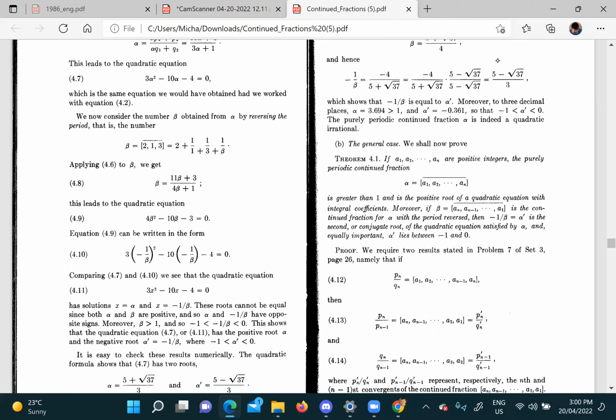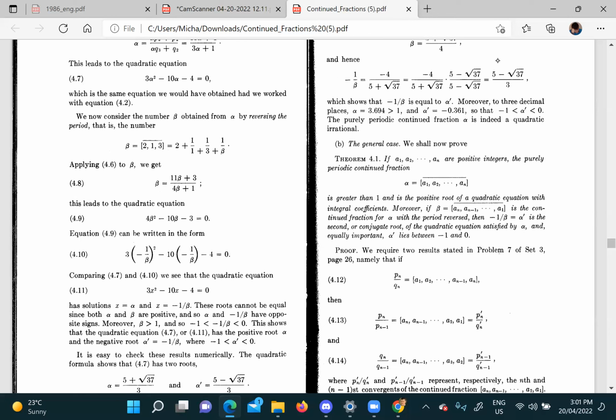Okay, so the purely periodic continued fraction alpha is greater than 1 and is the positive root of a quadratic equation with integer coefficients. Moreover, if you reverse it, you get beta, then negative 1 on beta is the other root. So that's what we saw in the example. But it's claiming it holds in general.